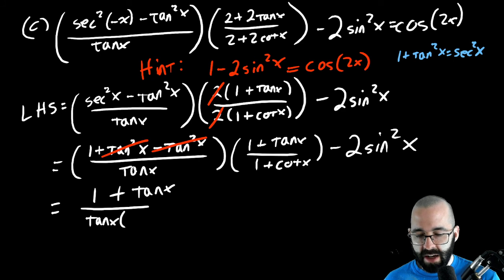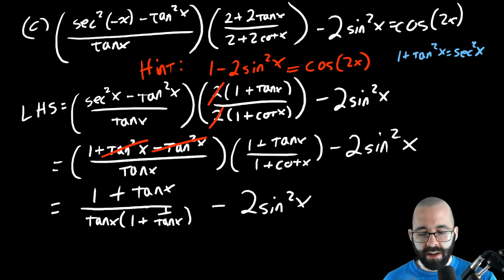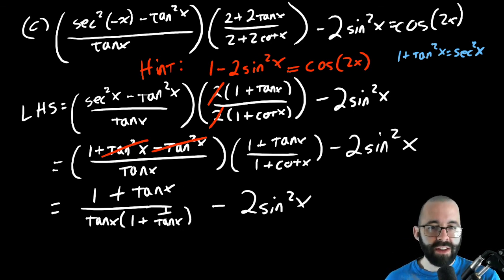It's tangent times the previous denominator. But remember that cotangent is the reciprocal function of tangent. Why did I write it that way? Because we're going to have to multiply them together. So now everything's in terms of tangent, which is nice.